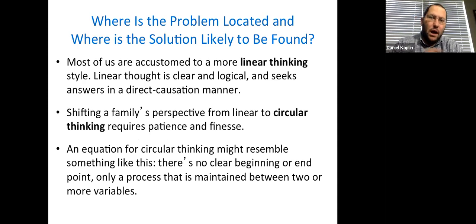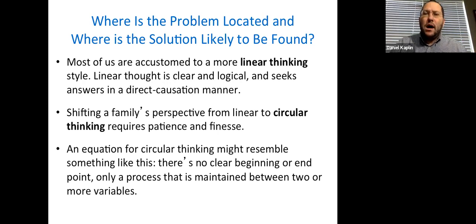So when we think of dialogue, we think of things in terms of linear thinking, logical thinking, very clear: first, then, next, finally. But when it comes to family units, people don't communicate linearly. They can bounce around a lot more, and it's more circular thinking.